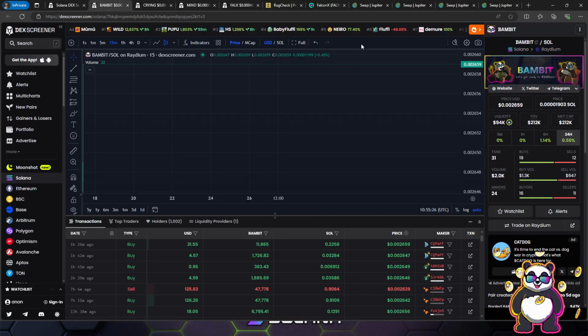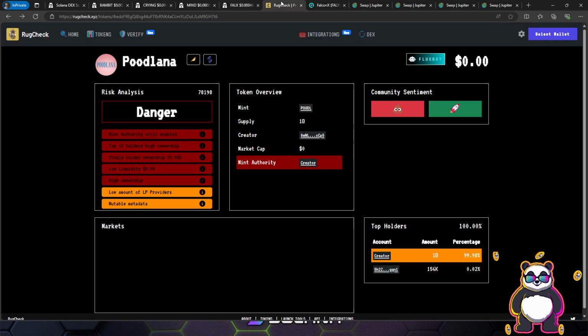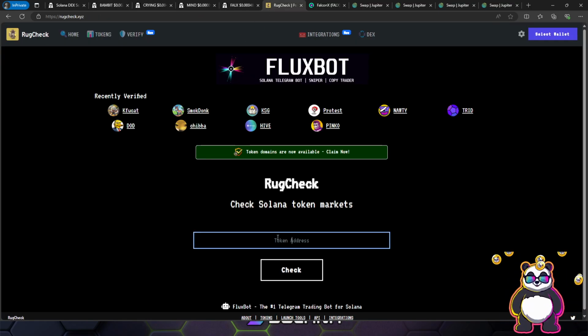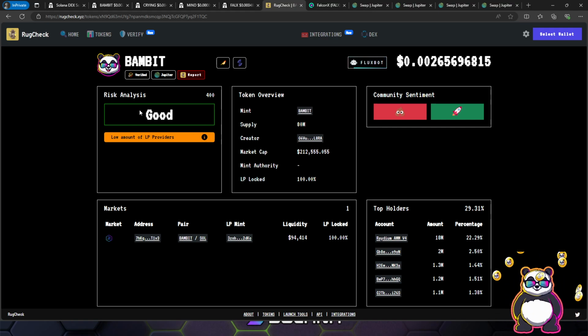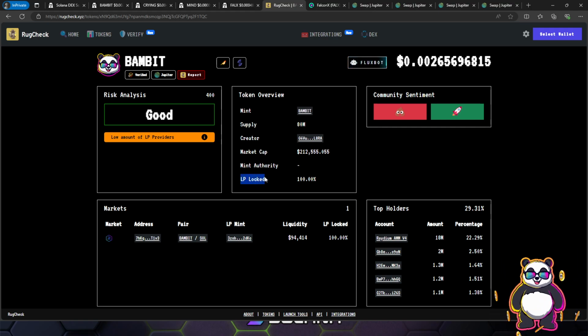Let's grab a Bambit token address and check it. That's how it should look. It should say good, no warnings, nothing: no freeze, no mint, no meta authority enabled. Liquidity pool is locked or burned. In our case, Bambit is 100% locked.